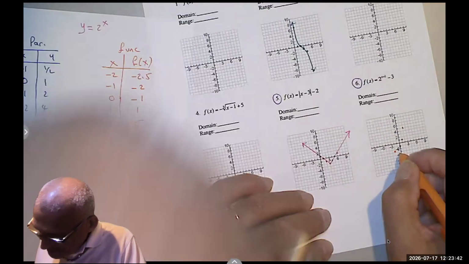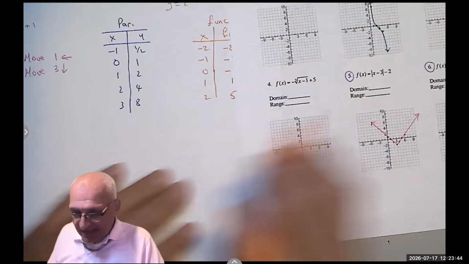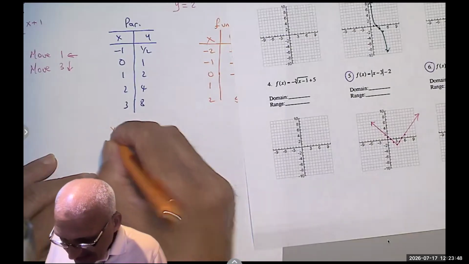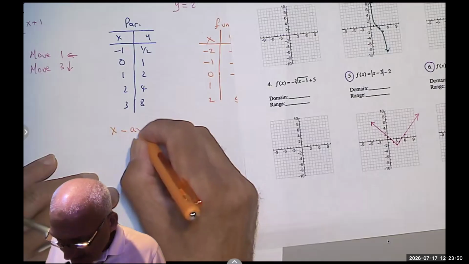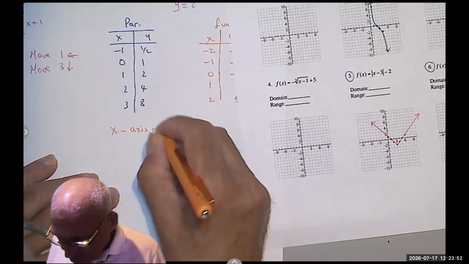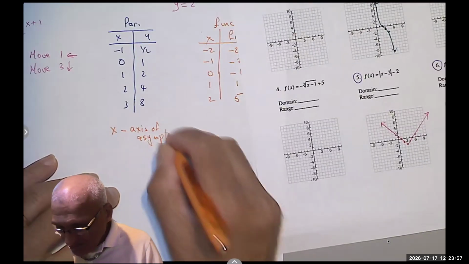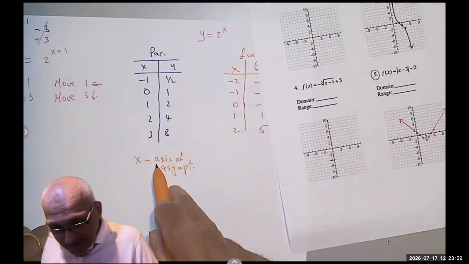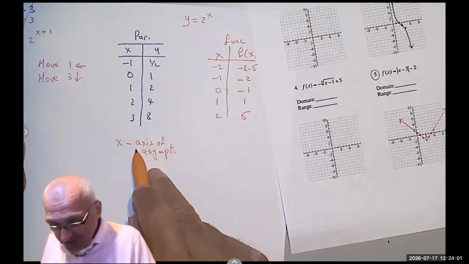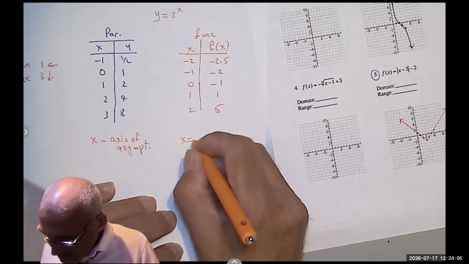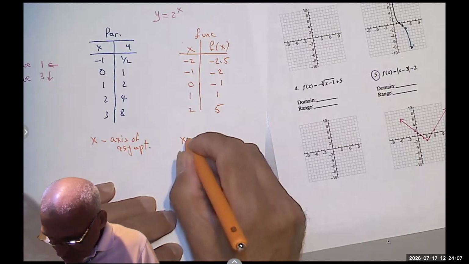And of course, now you can see something important again. We said here the x-axis was an asymptote. What did we do to the x? We subtracted 1. So now x equals, I'm sorry.